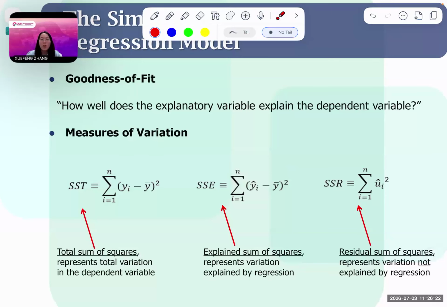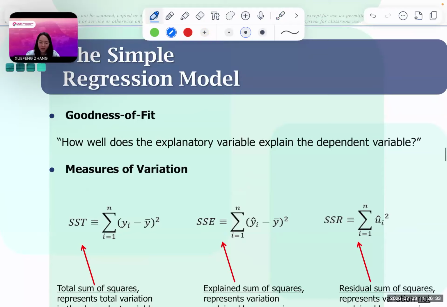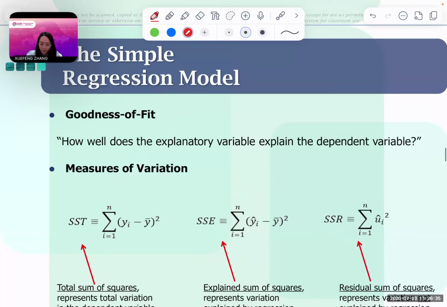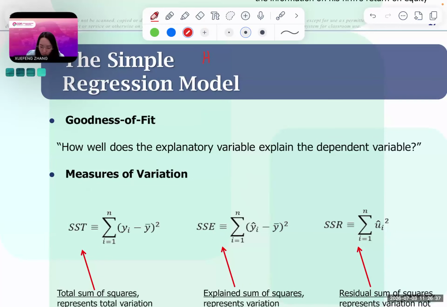Okay, so we have our OLS line, but now a natural question. How good is our line? Does X actually explain Y well? Okay, so here is the question. How good is our line?